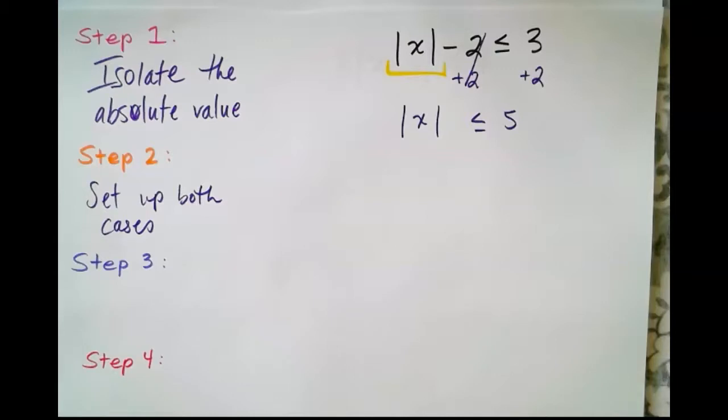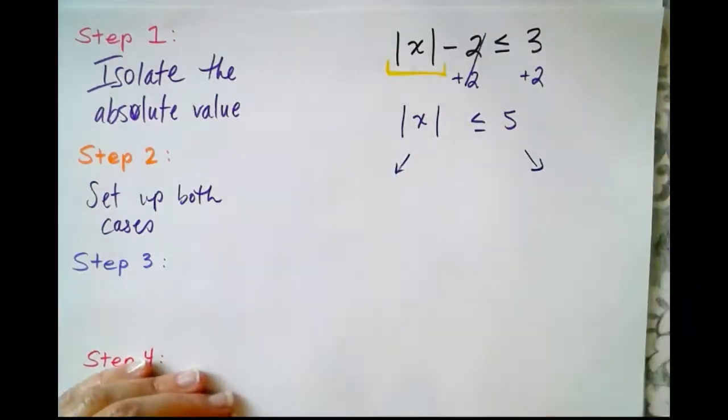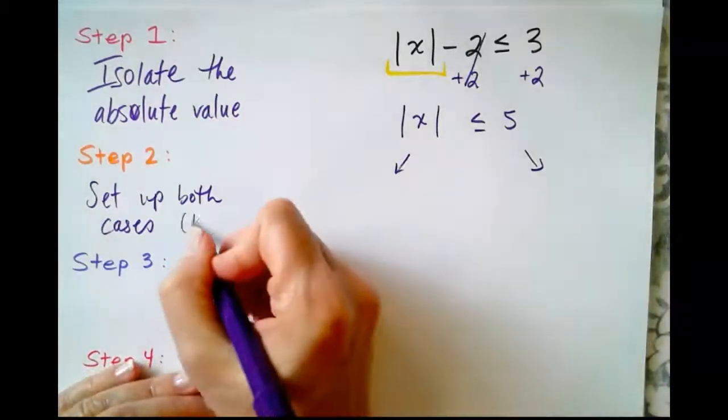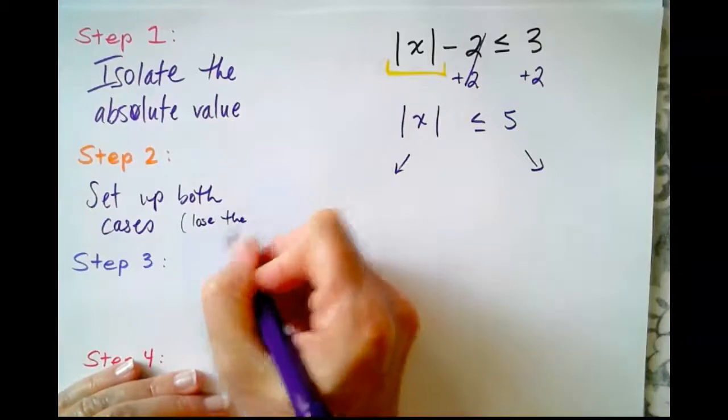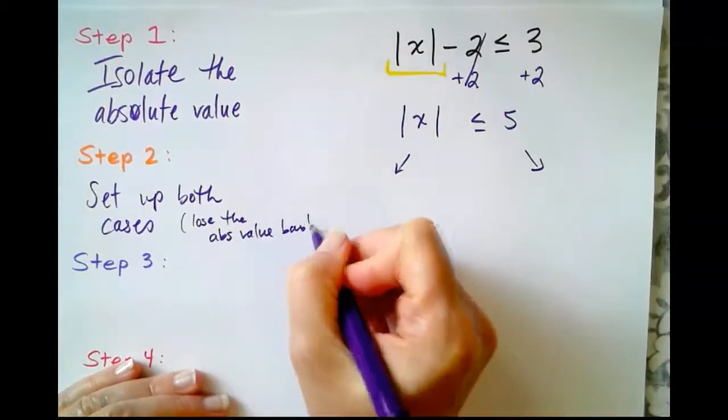And think about what's happening here. What we talked about earlier is that when an absolute value gets smaller, then we're going to get closer to 0. So think about that as we set up our 2 cases here. And when we set up both cases, we are going to lose the absolute value bars. We don't need them anymore.